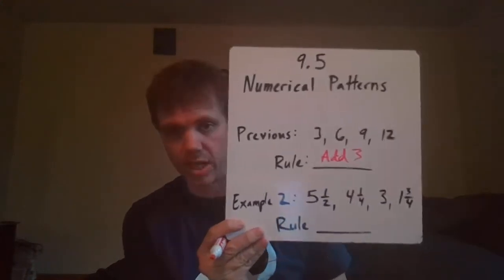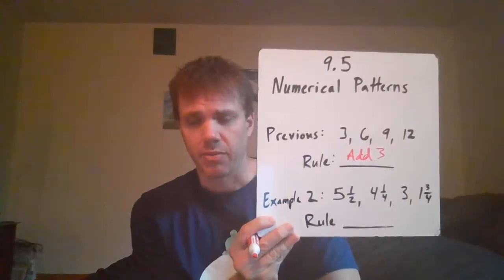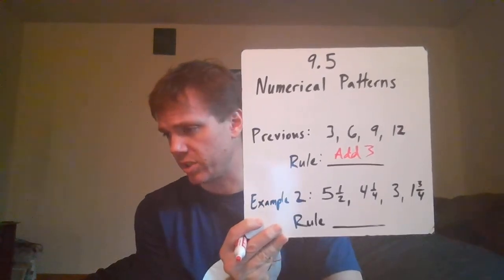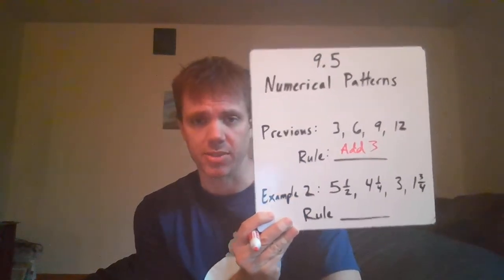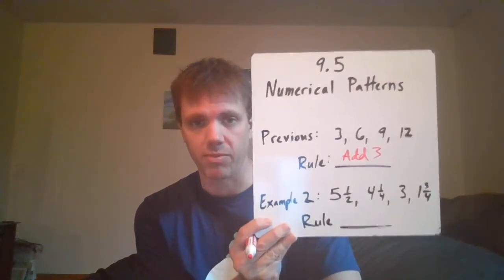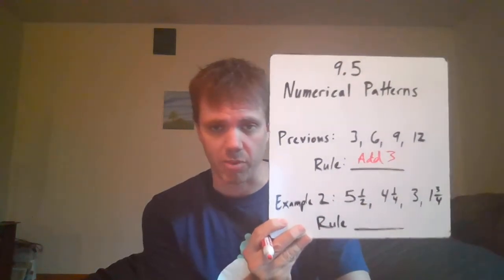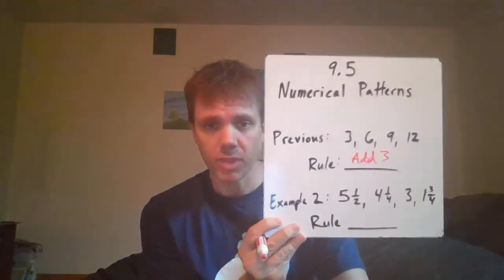And if you take a look at this next one, here we have something slightly more complicated. This one is from, I believe, chapter 6, where you have 5.5, and then 4 1/4, 3, and then 1 3/4. Okay, so how would you figure out the rule for this?